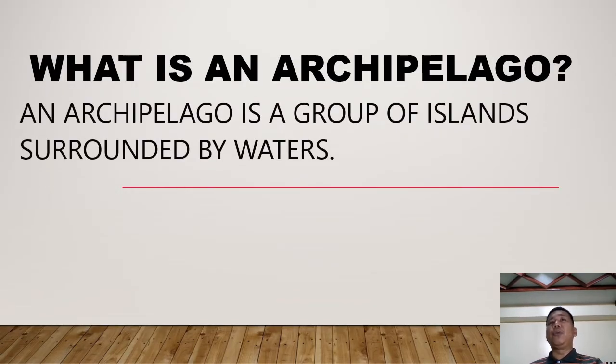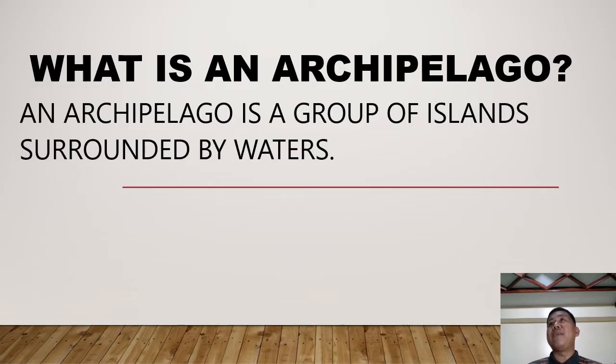Archipelago is a group of islands surrounded by waters. So imagine the Republic of the Philippines with small, big islands. The biggest island is Luzon, followed by the island of Mindanao, and of course, the third island is Panay. So, plus small and smaller and smallest islands.